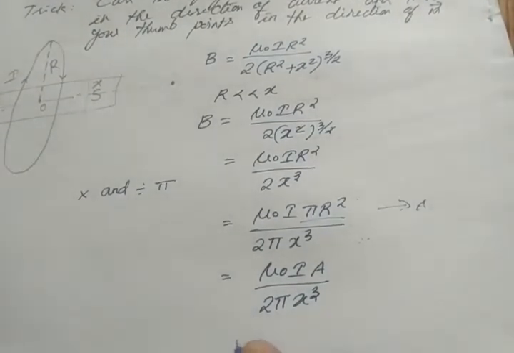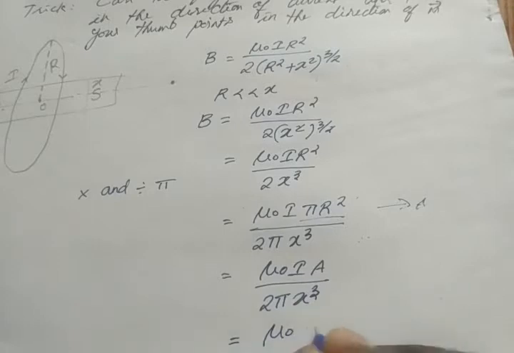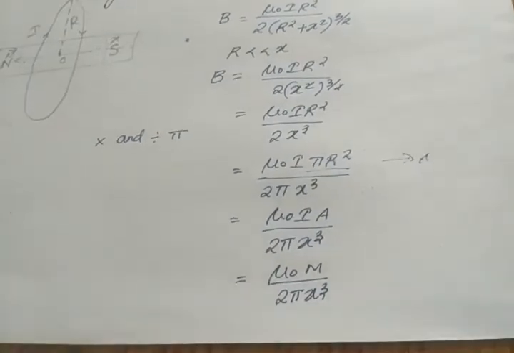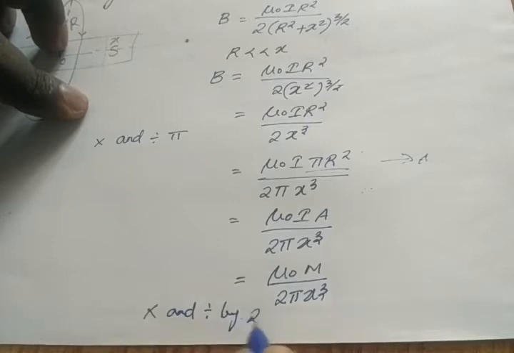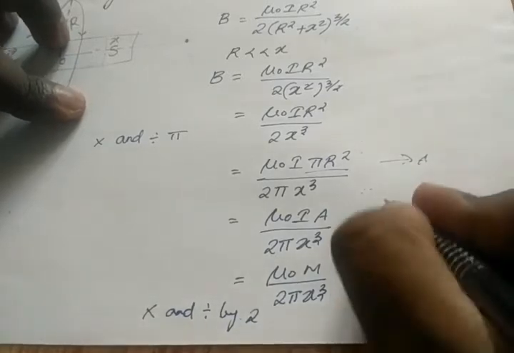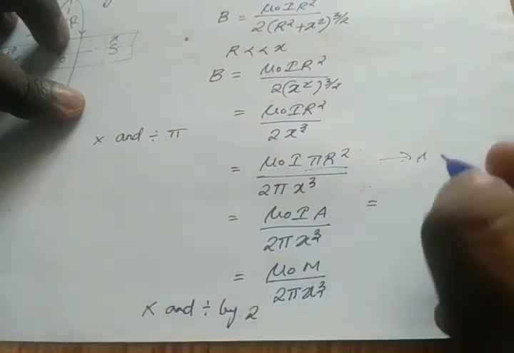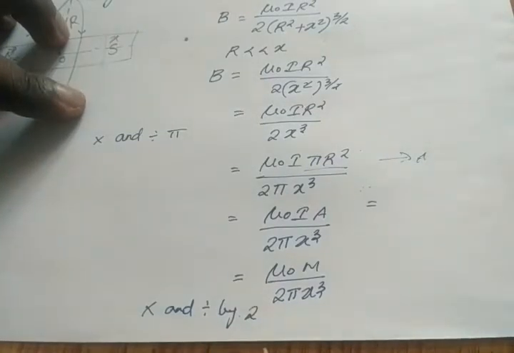So I can take mu naught M by 2 pi x cube. Here multiply and divide by 2.